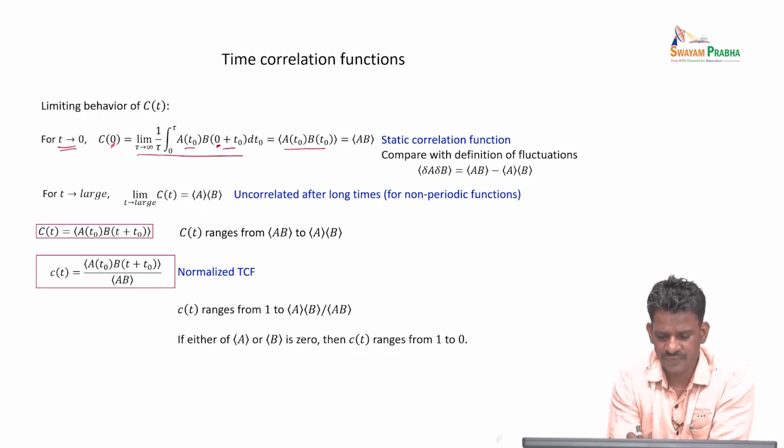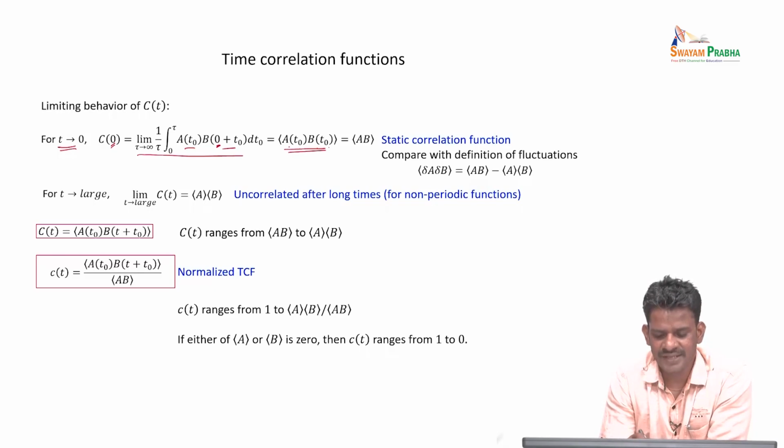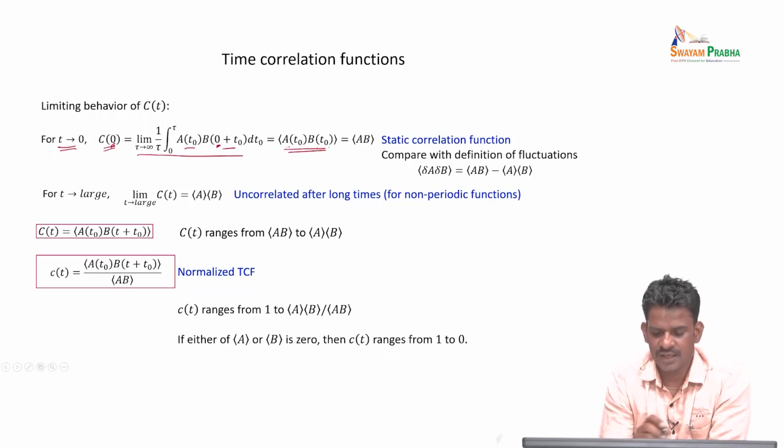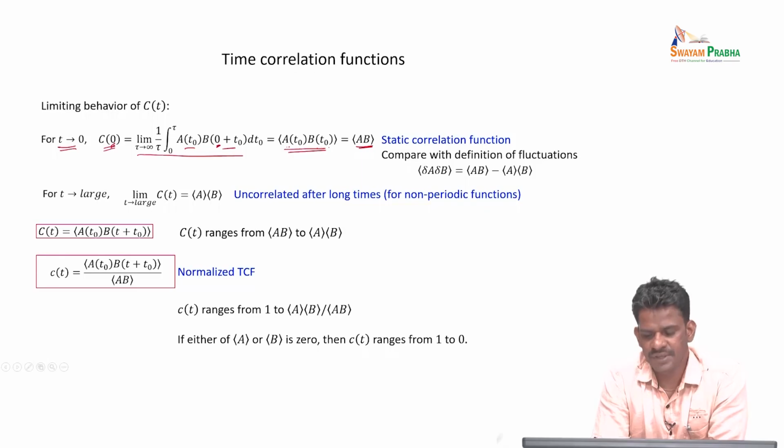So, that is why it basically becomes an ensemble average of a at t naught and b at t naught. We are taking the values of a and b both at the same time point, because we are interested in correlation at t equal to 0, and this becomes nothing but the ensemble average of AB.